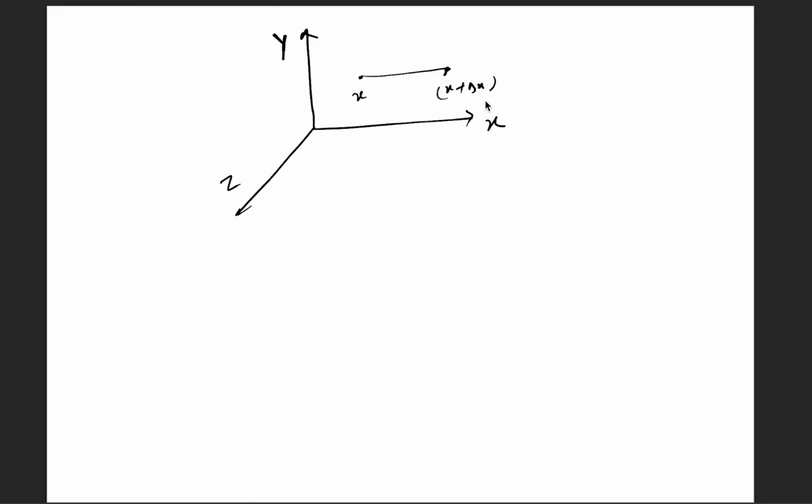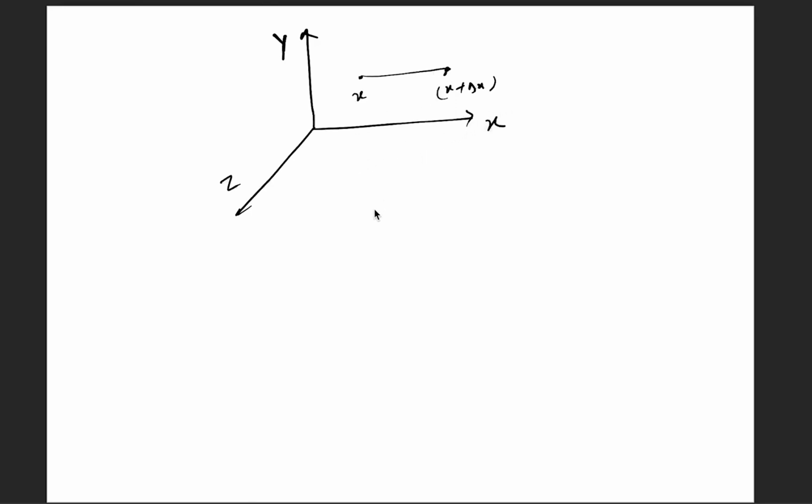Now let us try to find the relation between this potential and the gradient. Let us take an example where this charge is moved in just the x direction and it is fixed in the y direction and z direction. That is, x to x plus delta x it is taken, and y does not change and z does not change.